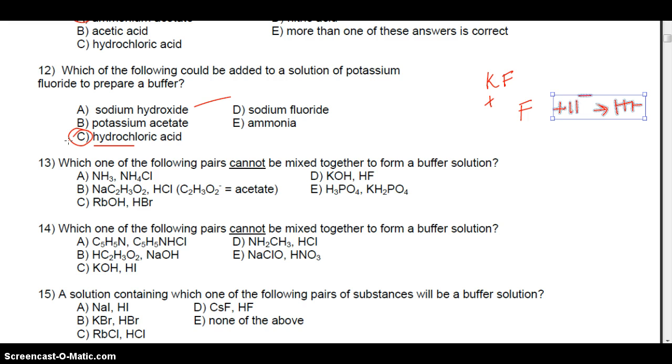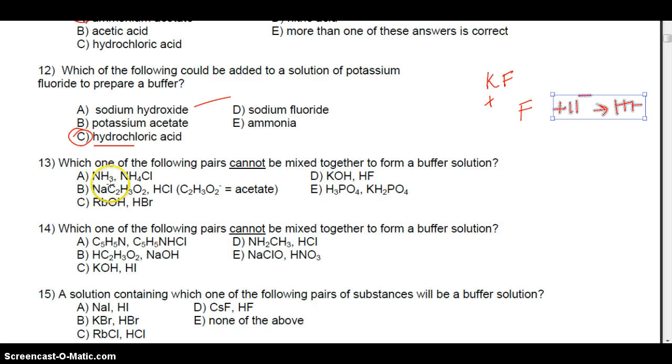Alright, 13. Which of the following pairs cannot be mixed together to form a buffer solution? Alright, here you're looking for things like, if they give you a strong acid and a strong base, when those two things are mixed together, they're just going to be neutral. So that's usually an easy one. If that's not the obvious one, then you're going to have to look at the pairings that you have. So A is actually your classic buffer, weak base, and you got your conjugate acid there.